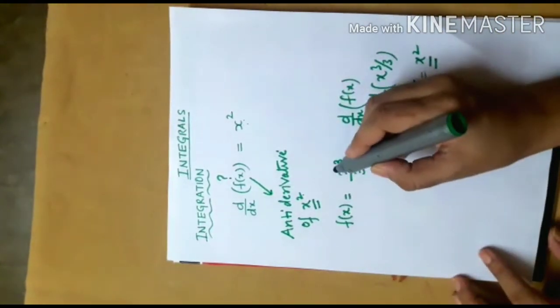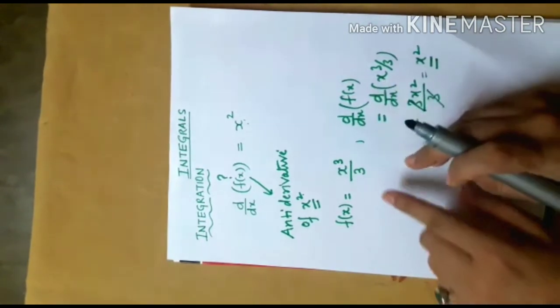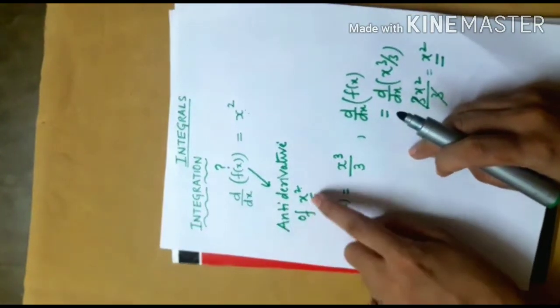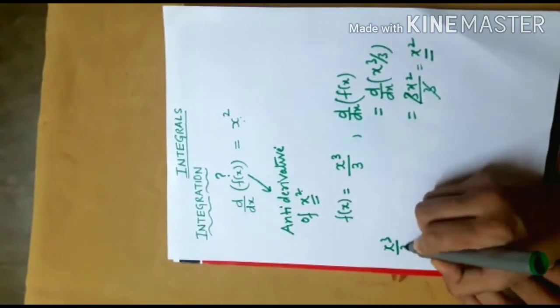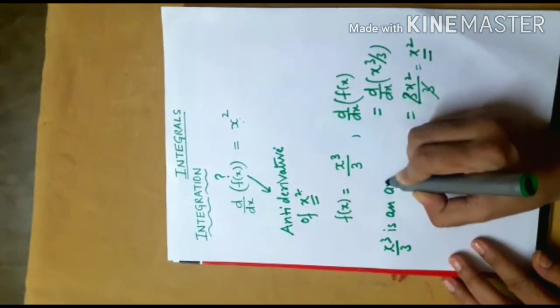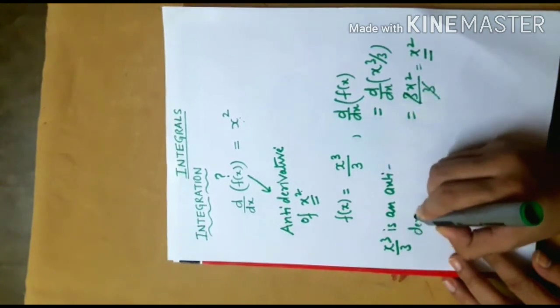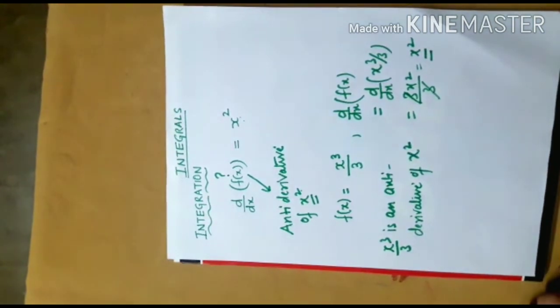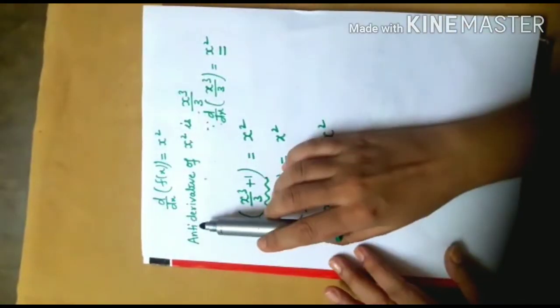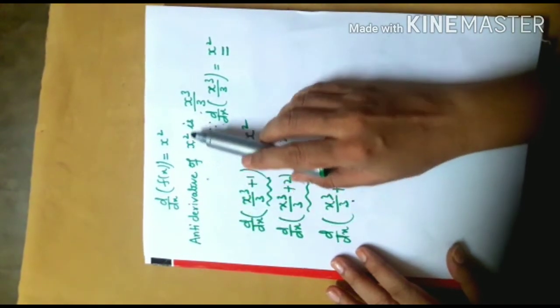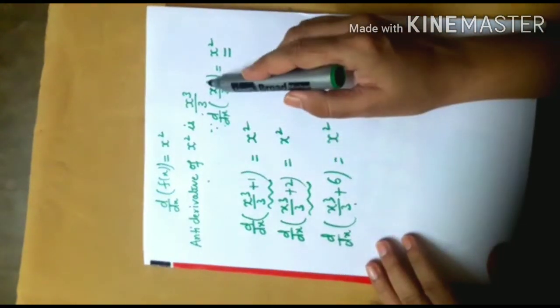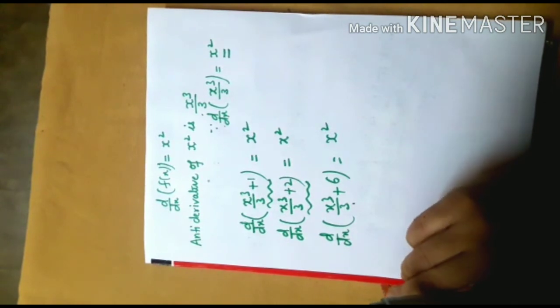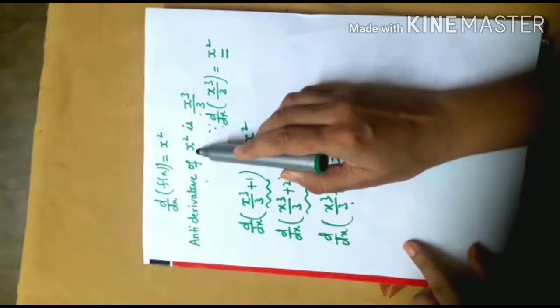So x cube over 3 is an antiderivative of x squared, because the derivative of x cube over 3 is x squared. So, we have obtained one antiderivative of this function.